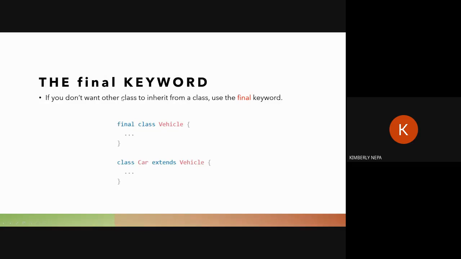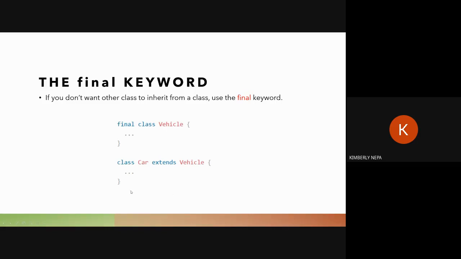So we also have the final keyword. The final keyword will be used if you don't want other classes to inherit from a class. We have to use the final keyword. So for example here, final class vehicle, meaning to say, it no longer wants to have children. Vehicle doesn't want children anymore, so it put final.